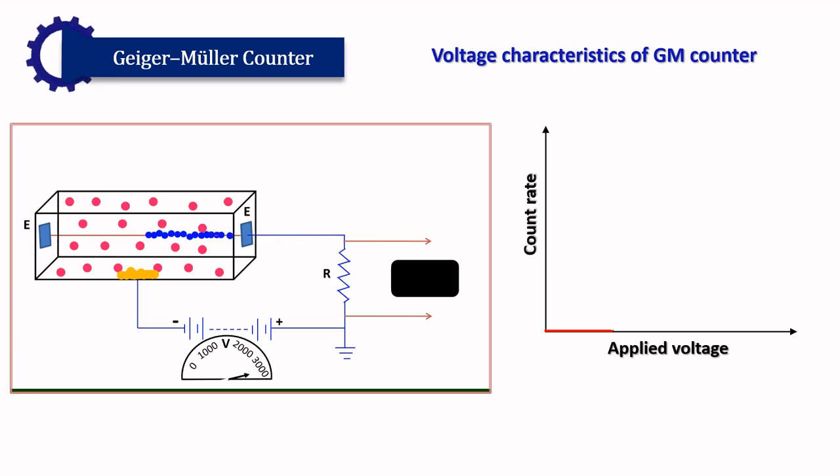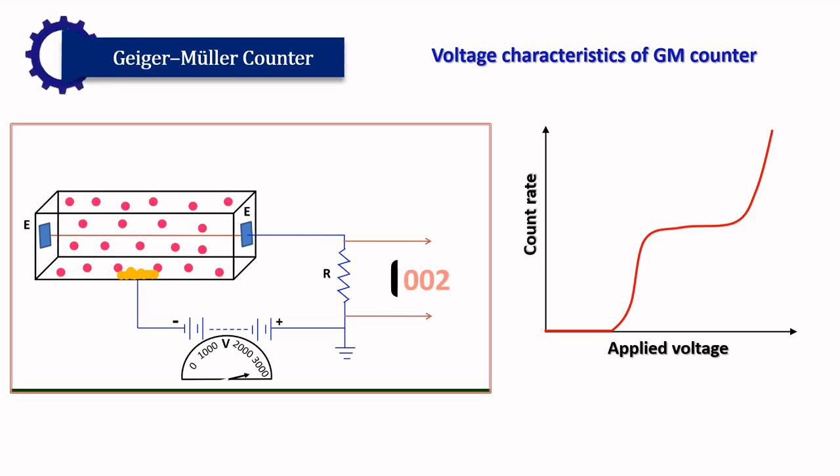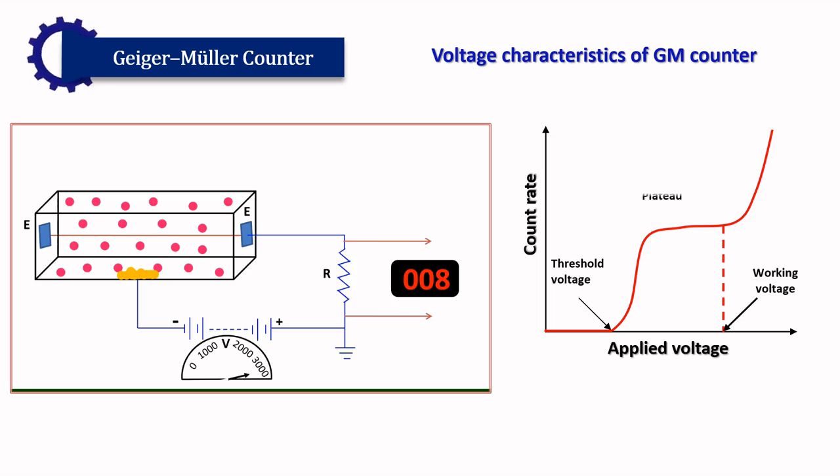This is the region of the counter operation. If we further increase the applied electric field, a continuous discharge takes place in the tube, and without ionizations, the counting rate increases very rapidly. Therefore, the tube must not be used in this region.